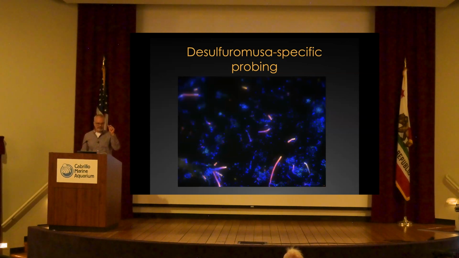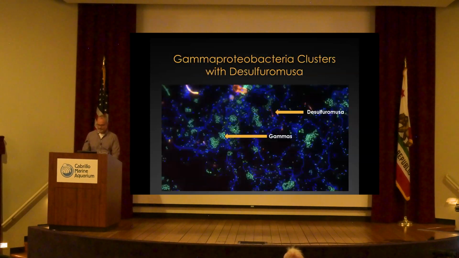If you've ever looked under a microscope and you go up and down, you can see how the image changes. And so this is an example of that, where it's almost like they're poking up out of the bottom of the slide there. So she was able to identify those organisms and find out what they look like for the first time. And she found that they were found right next to some of these clustering, clumping gamma proteobacteria. So again, there seems to be some of these physical associations.